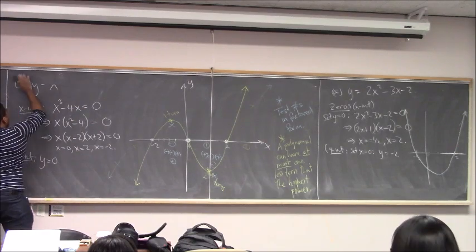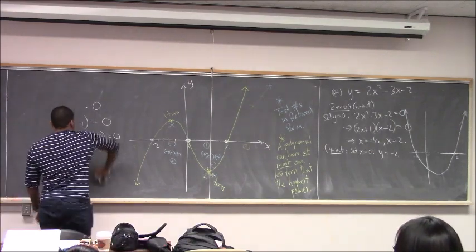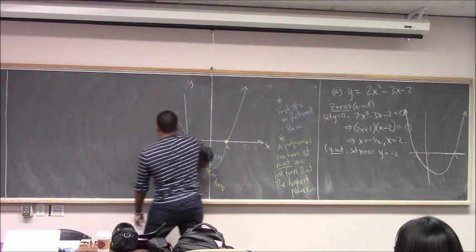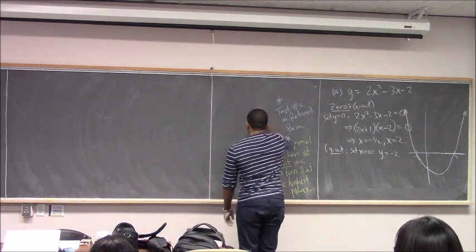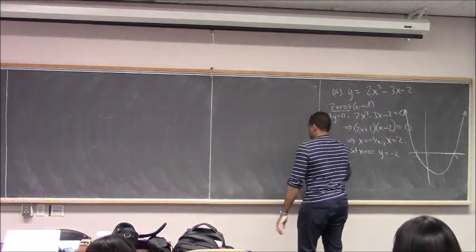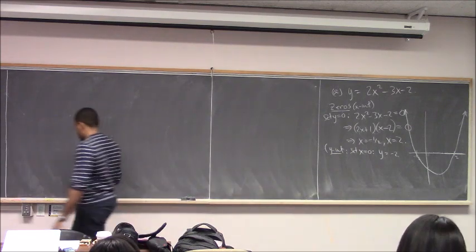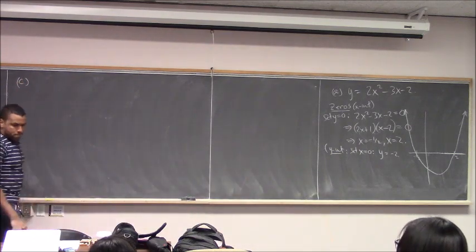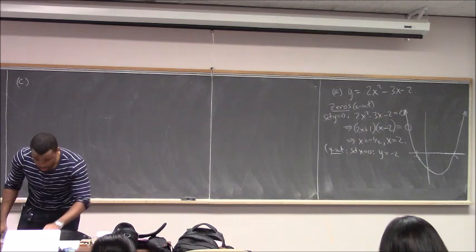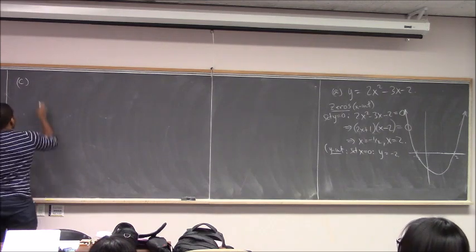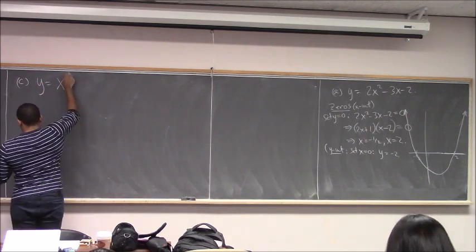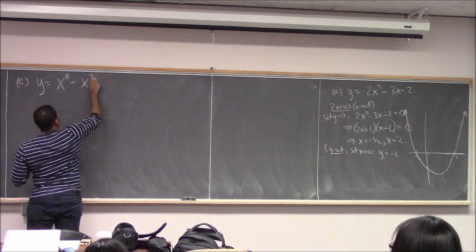Let's do it again. Let's do it for C. So this is next to the fourth graph. Okay, so y equals x to the fourth minus x squared.